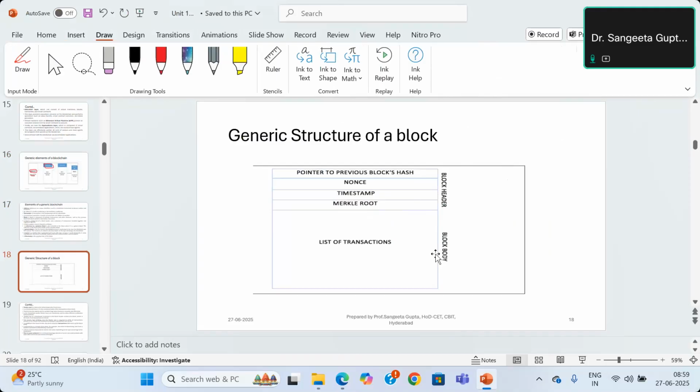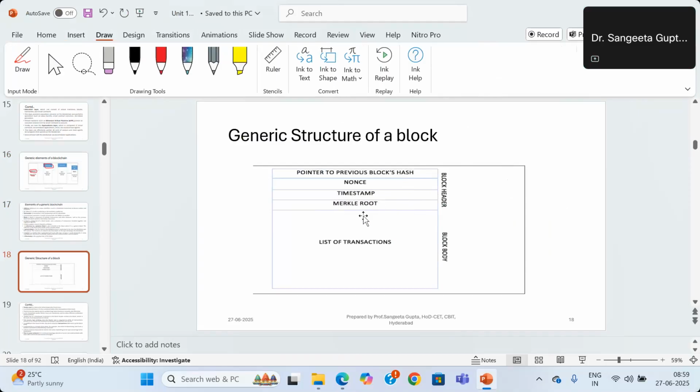When we are talking about the block header, it contains certain primary elements in addition to the elements mentioned here. It contains a pointer to a previous block, a nonce value, a timestamp, and also the Merkle root.